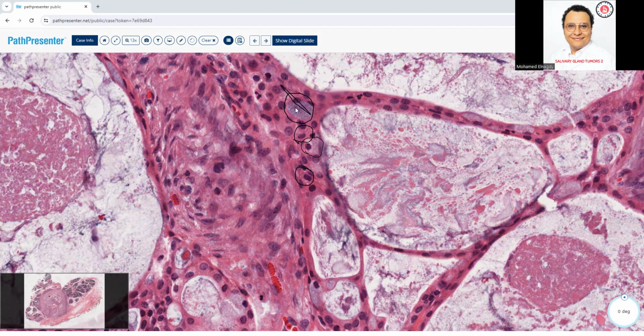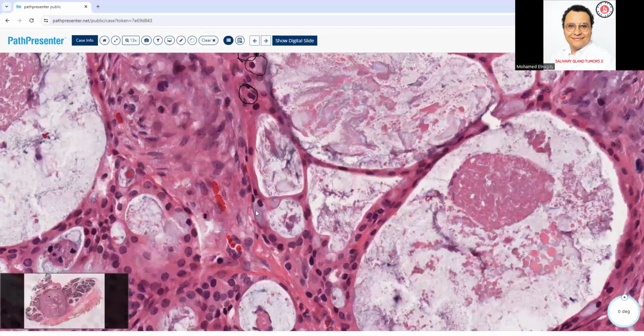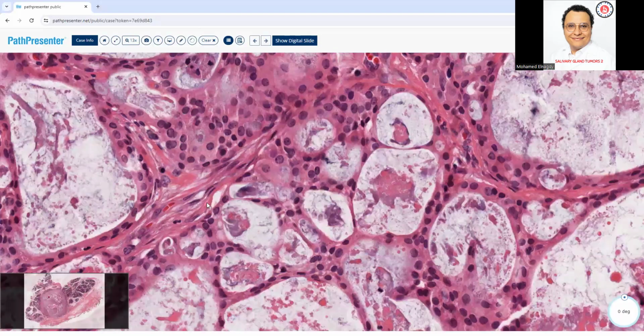So what do you think? What were you saying? Someone wants stains, and I was thinking, can we look around just to see more? Let's look around. Okay, sure, absolutely.